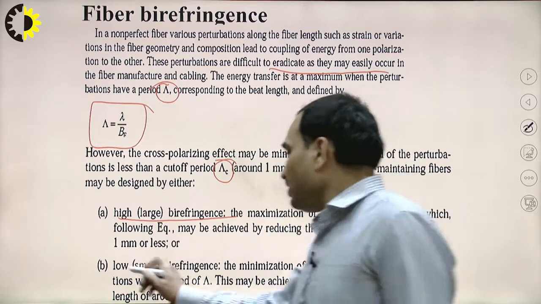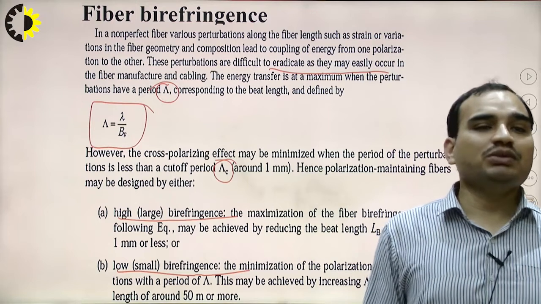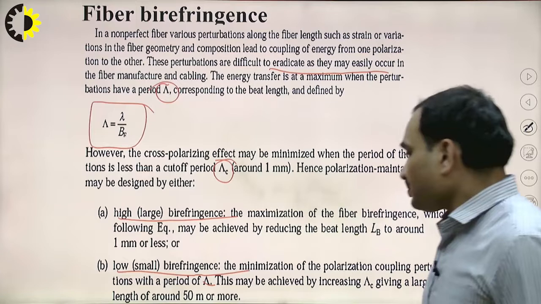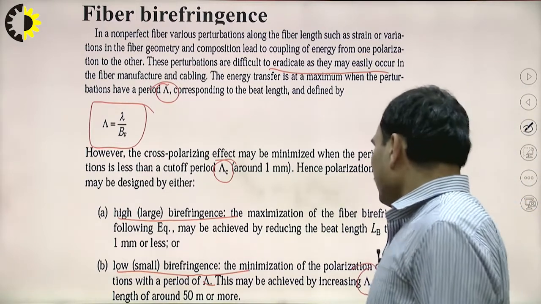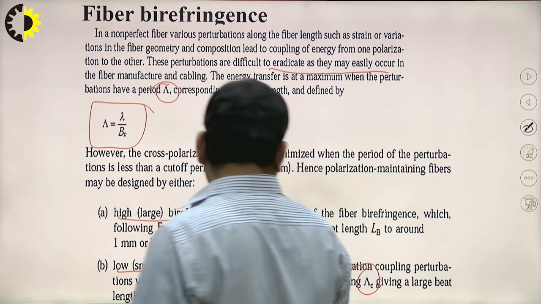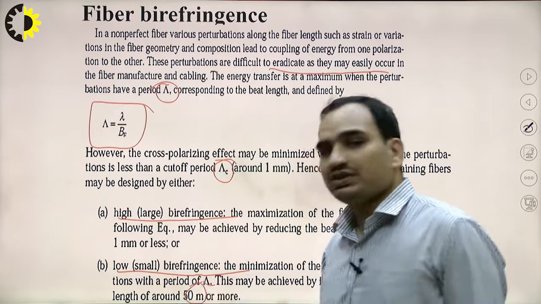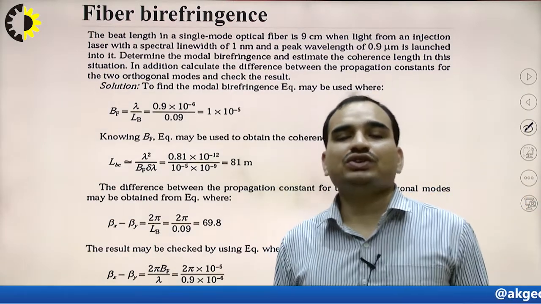And then we have low birefringence, that is a minimization of the polarization coupling perturbation, which may be achieved by increasing the cutoff period, giving a large beat length of around 50 meters.